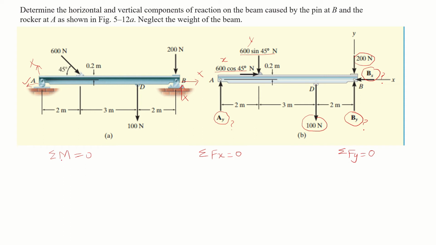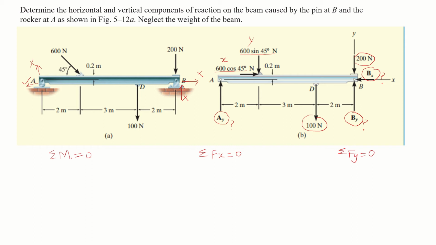So we start with the moment equation, and we will take moment about the point at which there are maximum unknowns. We can see in this figure that there are two unknowns at point B. So if we take moment about point B, then these two unknowns Bx and By will be eliminated from the equation.